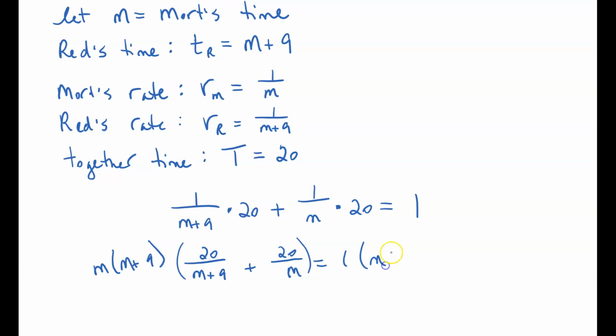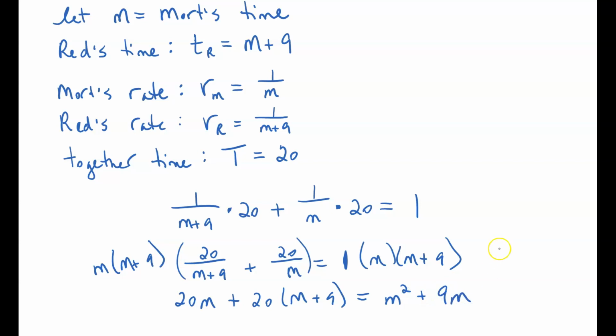And multiply that to both sides. All right, so in our first one, the m plus 9s will divide out, leaving us with 20m. In the second one, the m's divide out, leaving us with 20 times m plus 9 equal to m squared plus 9m.